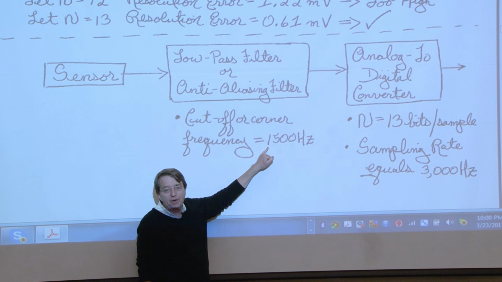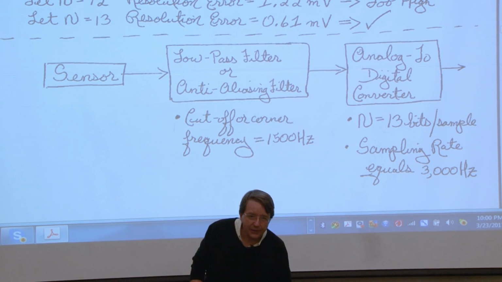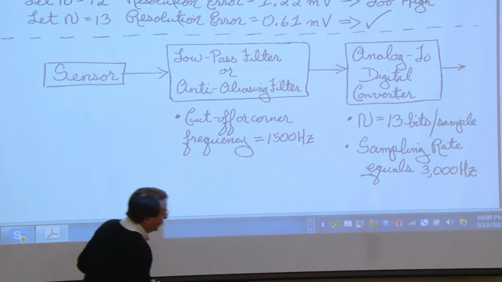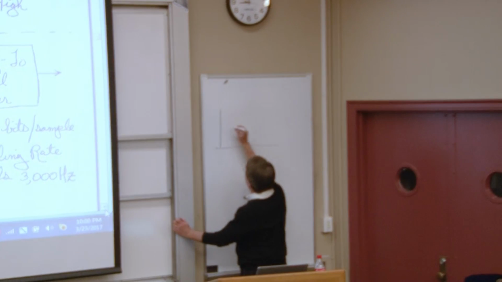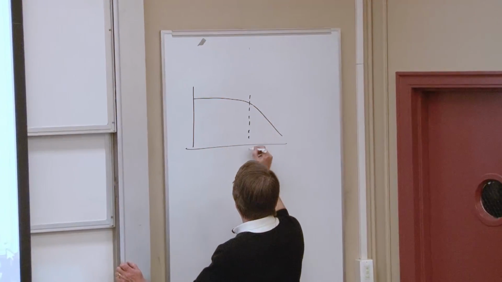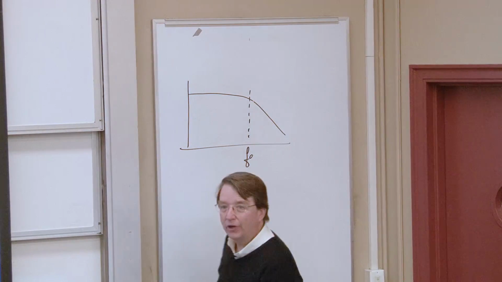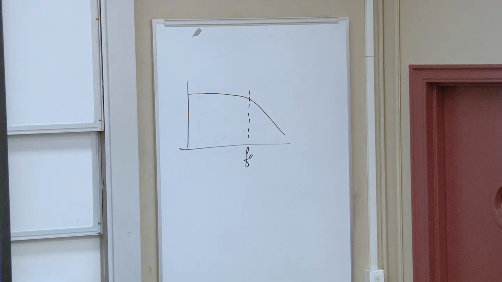If I make the cutoff frequency 1500, and this might be like a first order filter, you might remember, my colleagues, that by the time we get to the corner frequency, we've already started to drop off. And if the output of the sensor is 1500 hertz, I think in the real world, we're going to want this to be a little higher than 1500 hertz.